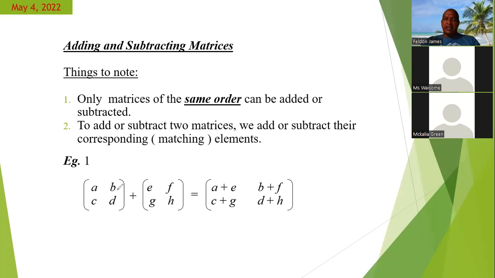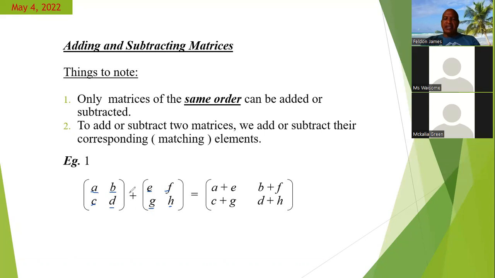So in other words, for these two matrices here, the matching elements would be: the A would match with the E, the B would match with the F, the C would match with the G, and the D would match with the H. In other words, we can say A corresponds to E, B corresponds to F, C corresponds to G, and D corresponds to H.